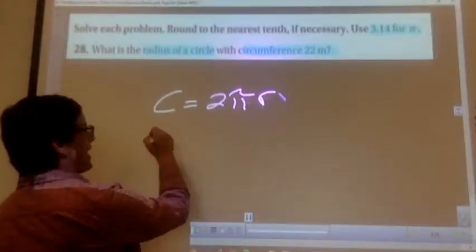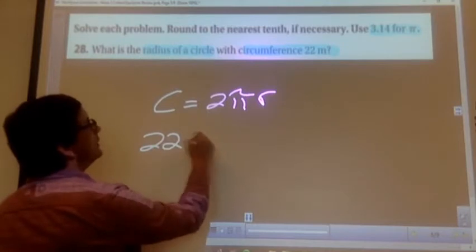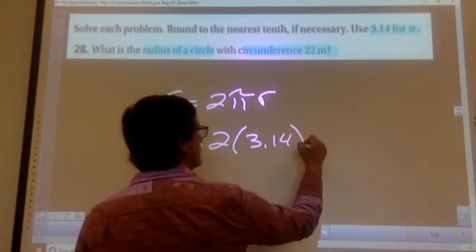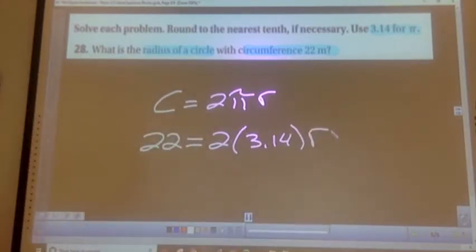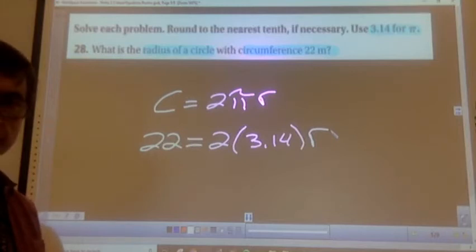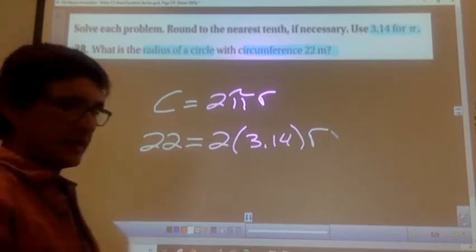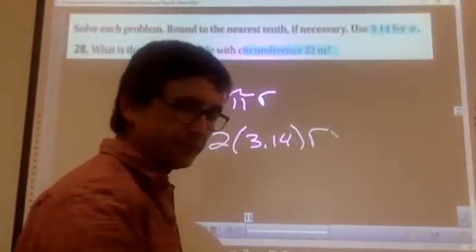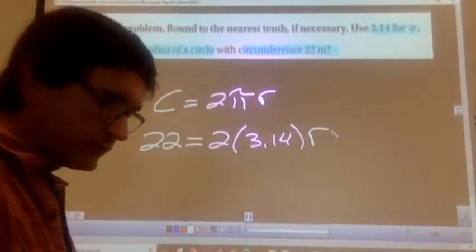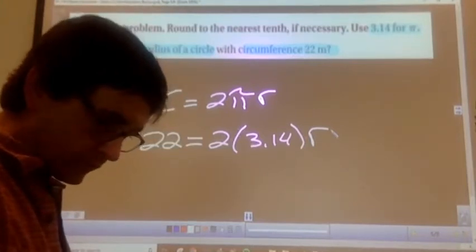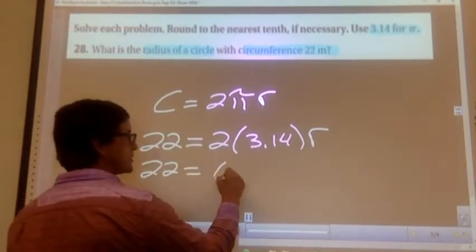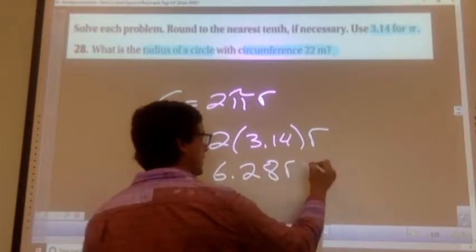So I'm just going to plug in what I have. So I have 22 for C. I have 3.14 for pi. And we're trying to find the radius. I'll give you a sec to write that down. So I have 22 equals 6.28 r.